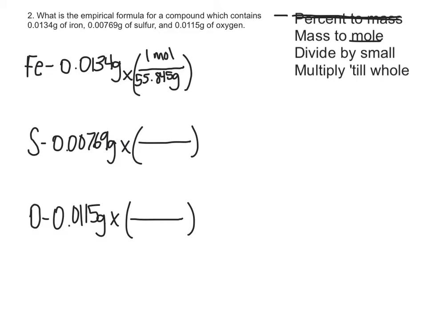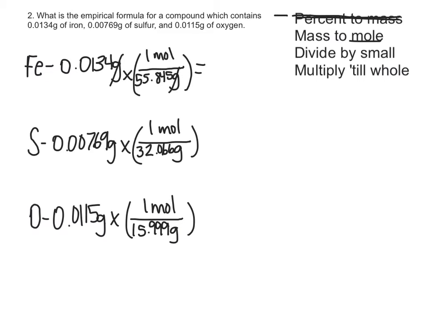If I look for sulfur, it's 32.066 grams in 1 mole. And if I look at oxygen, it's 15.999 grams in 1 mole. So again, my grams cancel, leaving me with moles.